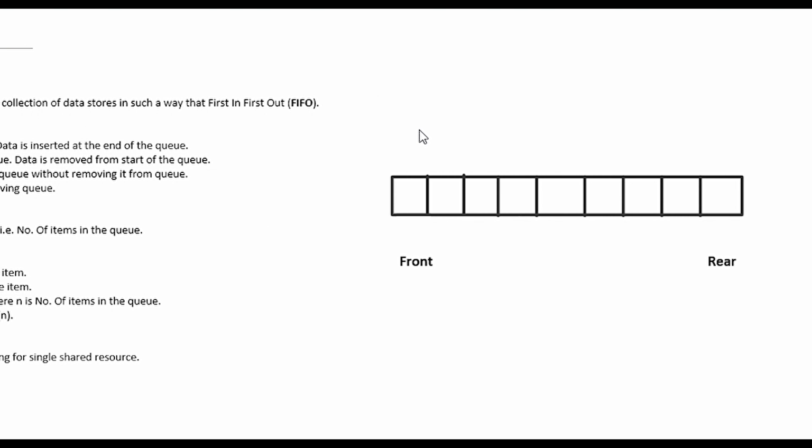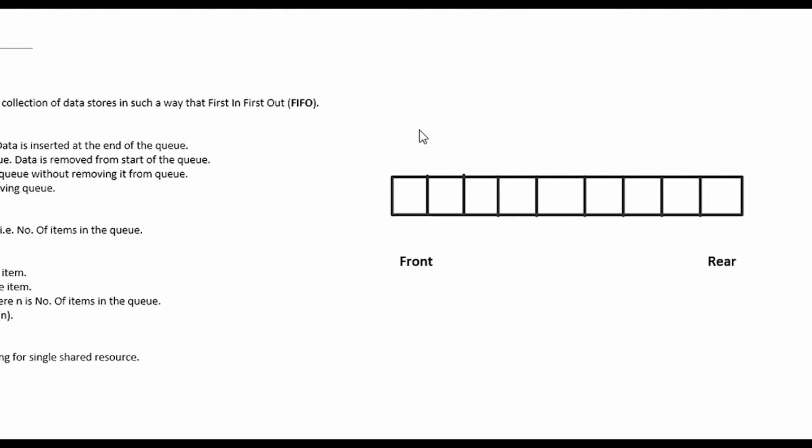Okay, so I have created a simple queue here where we have two pointers, one is front and another is rear. So when we insert or enqueue any element into the queue, first of all we have to check if the queue is empty or not. So here we are using front and rear pointers.